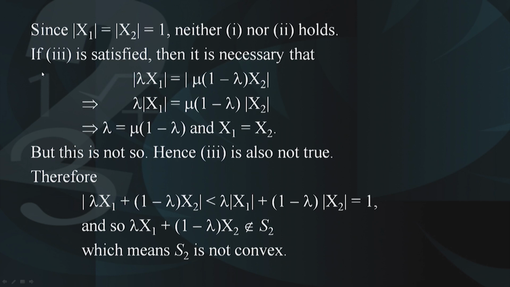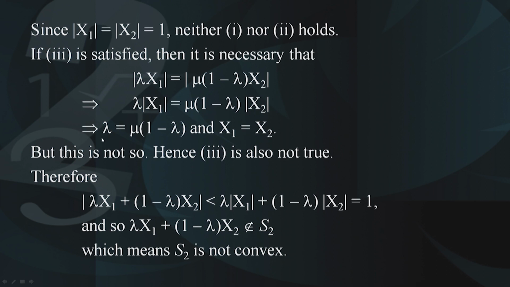Now, if the third condition is satisfied, then it is necessary that lambda x1 is equal to mu times (1 minus lambda) x2. That means the moduli remain inside and the scalars go out.